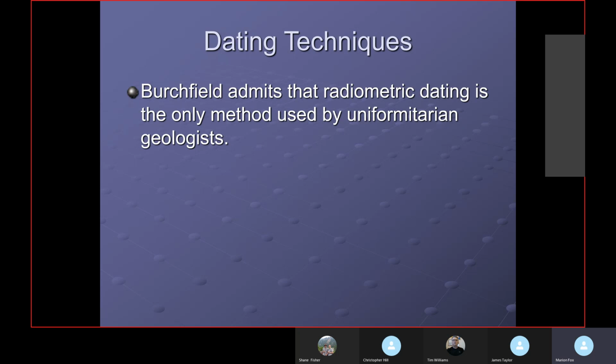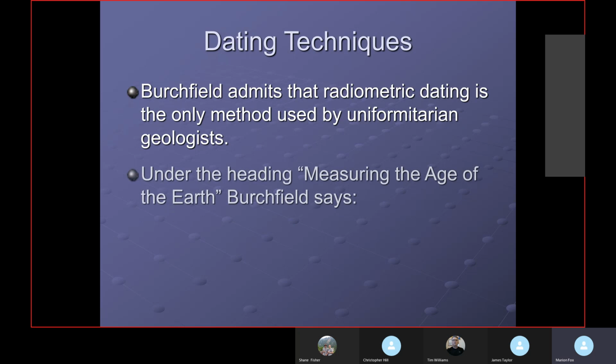There's some question about the decay rate, the decay constant, and they don't know with any certainty at all how much of the material they had at the beginning. They have to make an assumption of it in order to solve for the time, the fourth variable. Again, it's all based upon an assumption. You can take any assumption you want of how much you had to begin with and get any value of time you want with this.